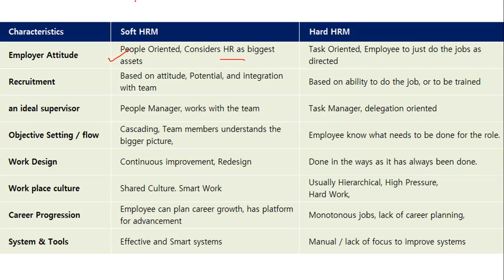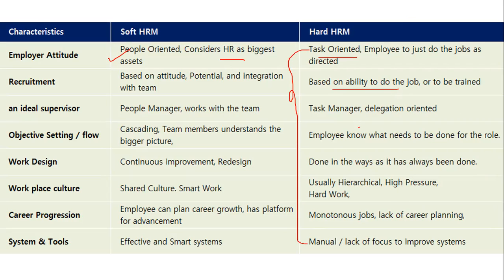Now, when we talk about hard HRM, it is focused more towards work. It is more task oriented, based on the ability to do the job. It is a task manager. The employee knows what he needs. It is done in the way it has always been done. Just going through the points, it is all traditional, whereas soft HRM is the latest, as per the contingent approach and the situation right now.